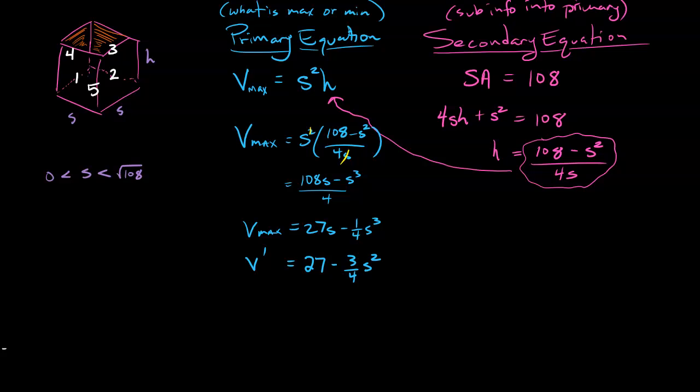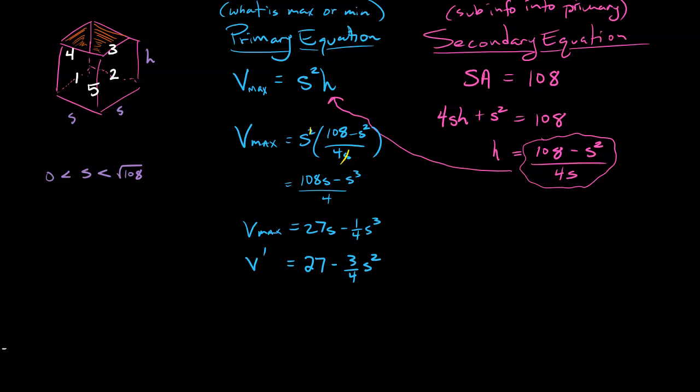Because if S was 0, you wouldn't have a box. The biggest S would be square root of 108, because then all 108 square inches would be the bottom piece, which also wouldn't make a box. So S has to be in between those two numbers. So technically we're going to use that as our domain, but none of these problems you're going to get will have information that won't make sense.